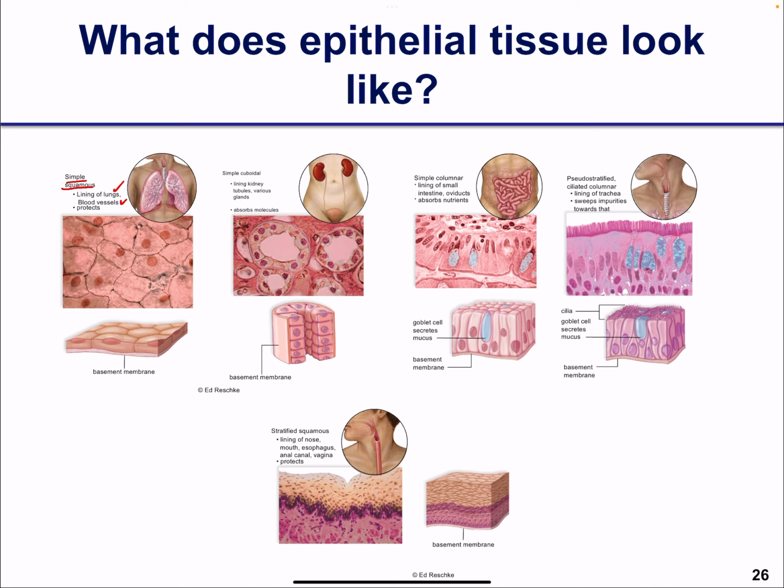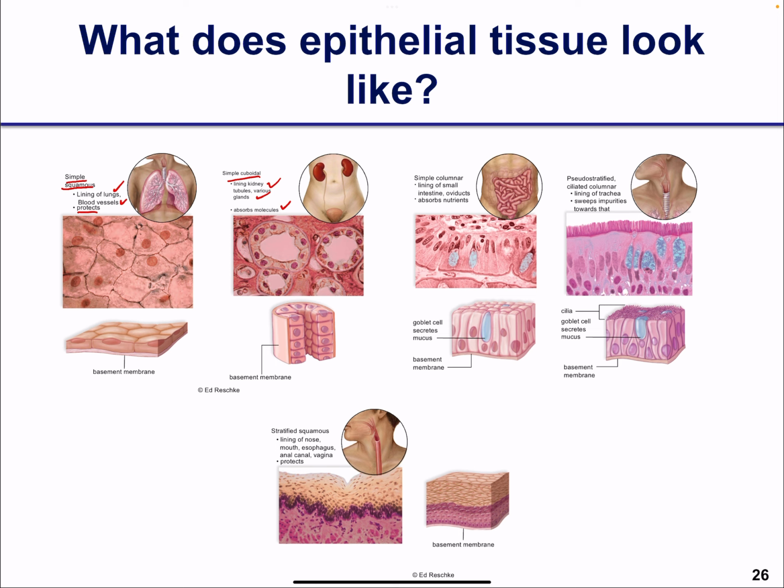Their job is to provide protection. The simple cuboidal epithelia, where would you find them? Example is going to be lining the kidney tubules, and various glands. What is their job? Their job is to absorb molecules.